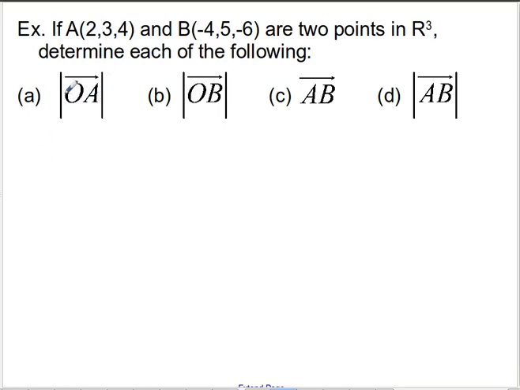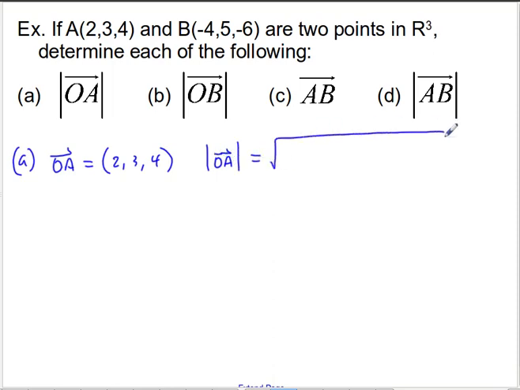Because I'm going from the origin to the point A, the vector OA has the same values in it as the original point A. The length of OA is simply, using the distance formula in 3 dimensions, 2 squared plus 3 squared plus 4 squared, all square rooted.